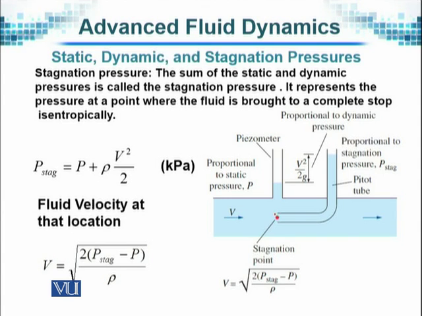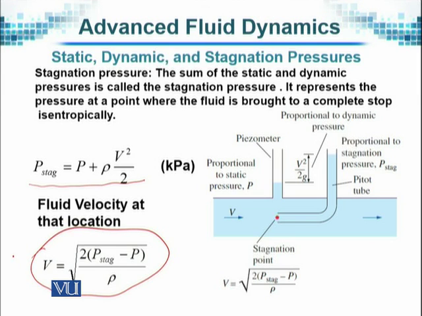If we have to calculate P and find the stagnation value of the pressure, we need to find the value: P stagnation is equal to P plus rho V square over 2, and if we rearrange it, taking velocity to the left-hand side and P stagnation to the right-hand side, and by a little algebra we will have the value of V appearing as this.